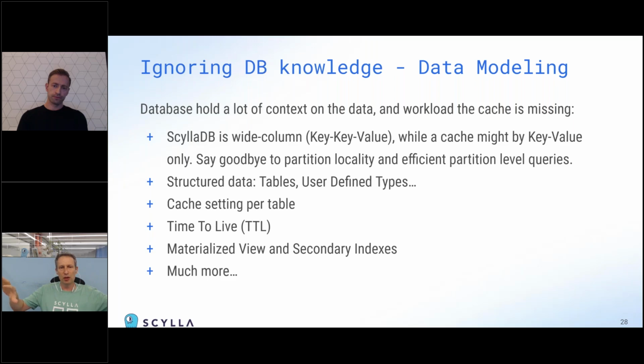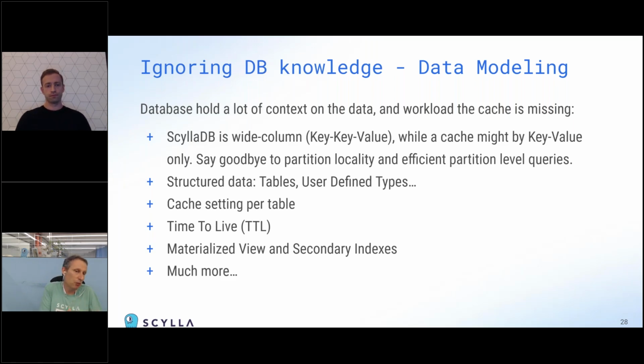These two, database and cache, have completely different schemas and properties, and they do not match each other in many aspects. For example, Scylla is a key value or wide column database. Your caching, if you use Redis, is key value. Scylla still has a definition of table, user-defined types, and many other aspects.